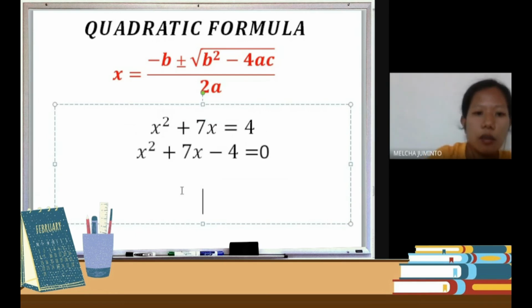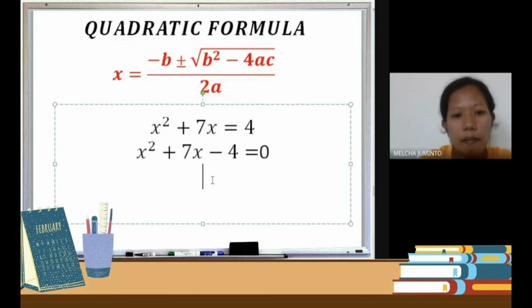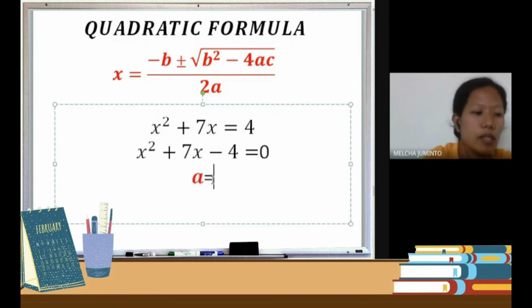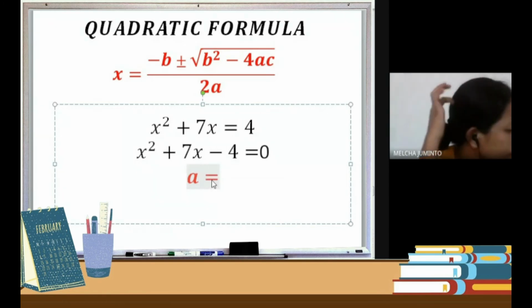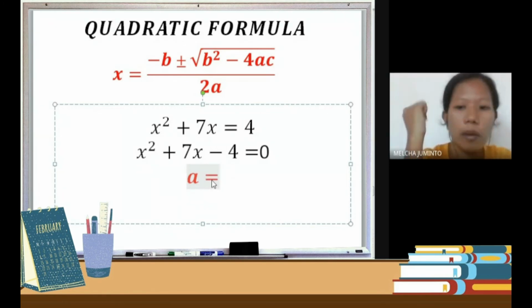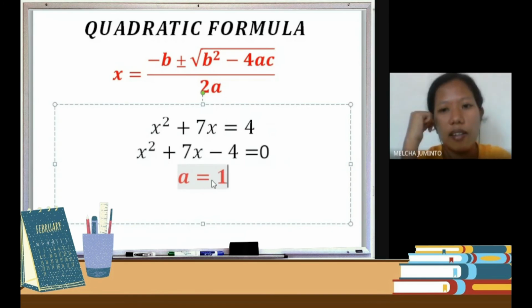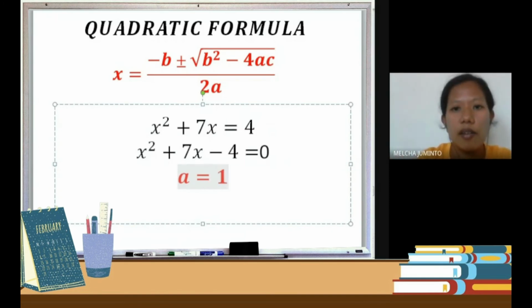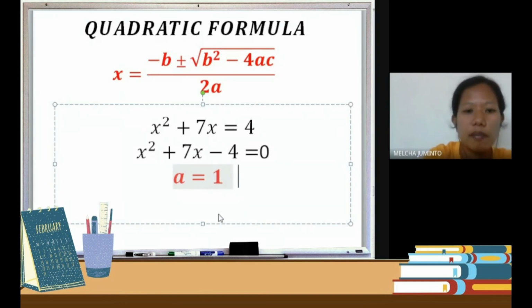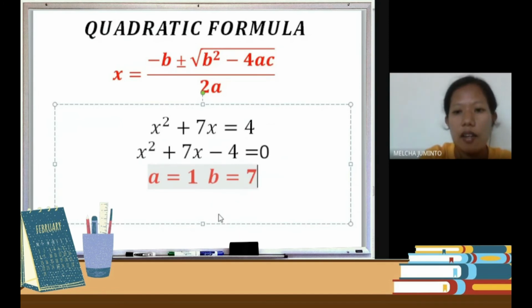Okay, let us start with A. What is the value of A in this equation? Anyone? You can unmute your mic. Okay, 1. Right. The value of A is 1. What is the value of B? B is 7.